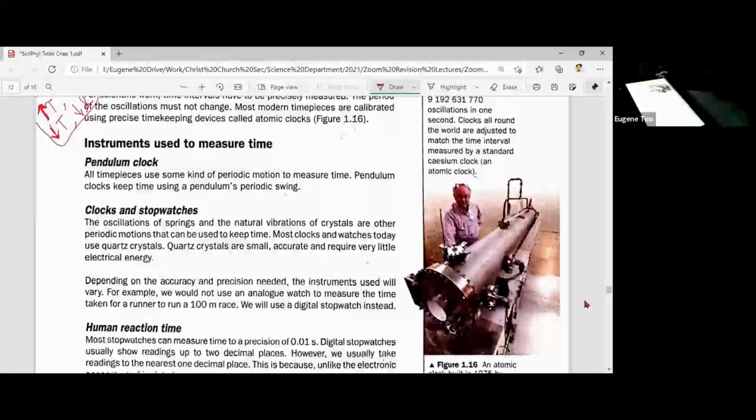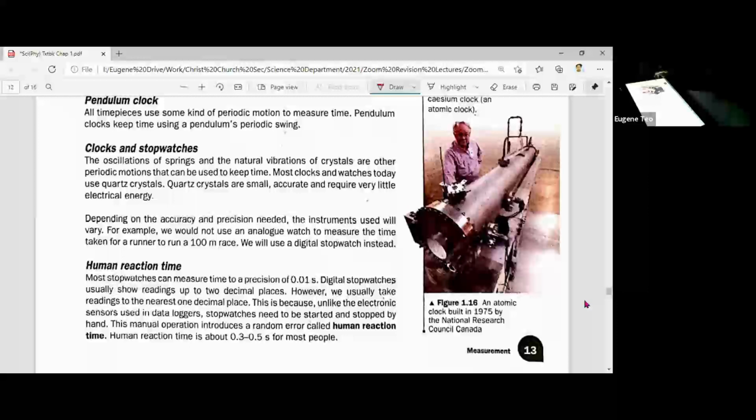Now, one little thing I'd like to highlight in terms of important concepts is the concept of human reaction time. A digital stopwatch can measure up to 0.01 seconds. You have gone to the lab, you have seen this. However, the problem is this: human reaction time is about 0.3 to 0.5 seconds for most people.